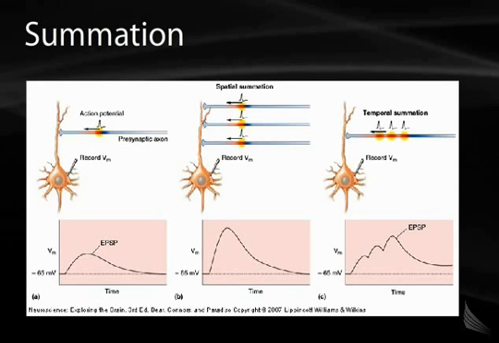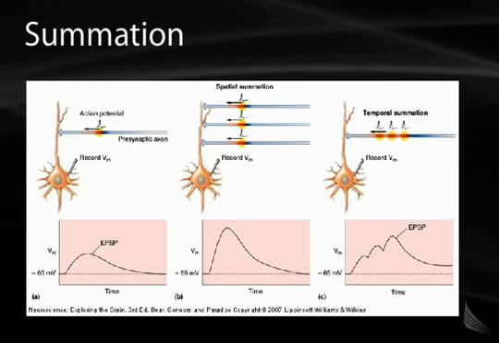If instead of a single axon we had 3 axons impinging on this apical dendrite, and they simultaneously were all firing action potentials, one might observe a substantially larger response at the postsynaptic cell. This is referred to as spatial summation.